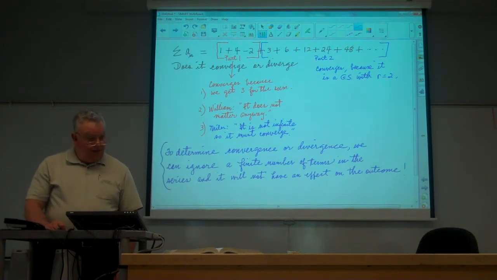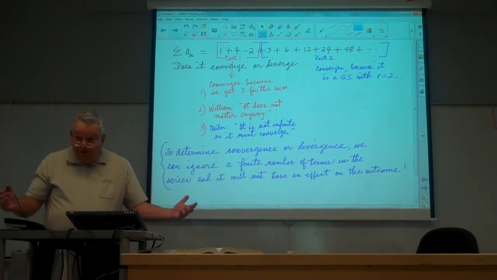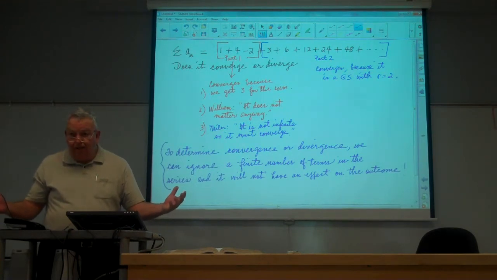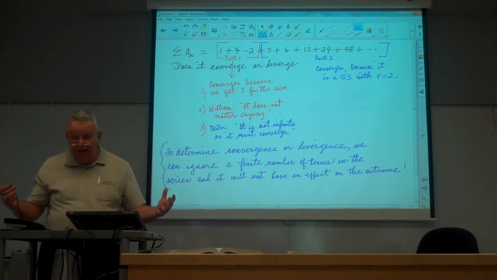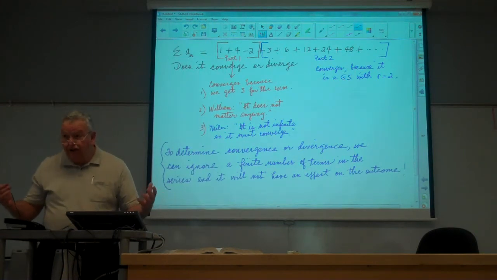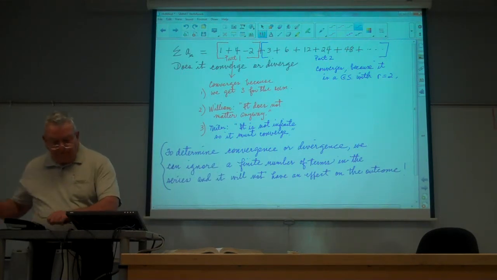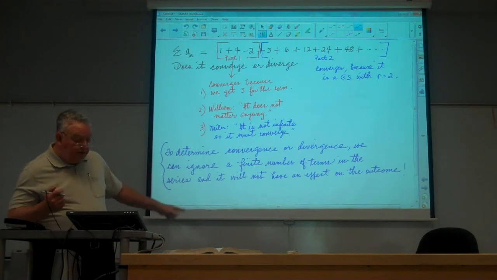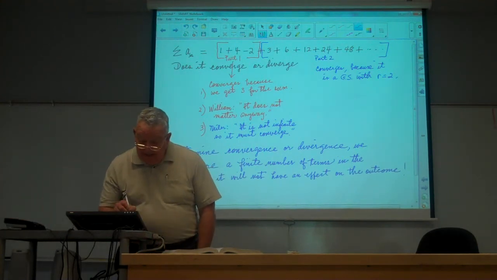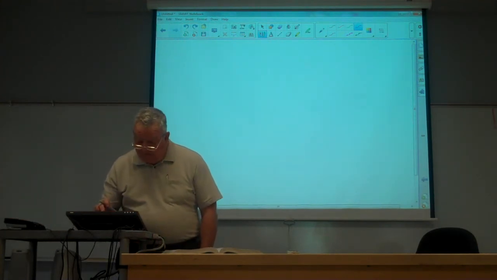What does a finite number of terms mean? Not infinite, exactly. A number, right? I can eliminate 5 terms, or I can eliminate 100 terms. I just can't eliminate an infinite number of terms. Remember that. That's going to get you out of a jam at the end of this section.